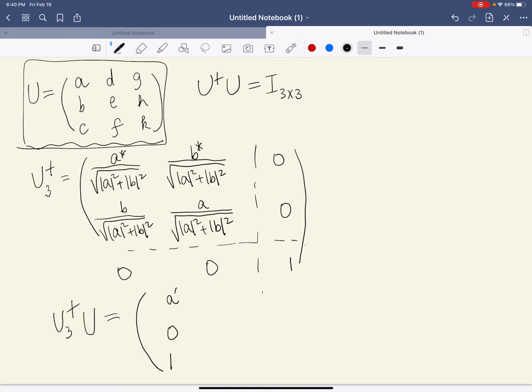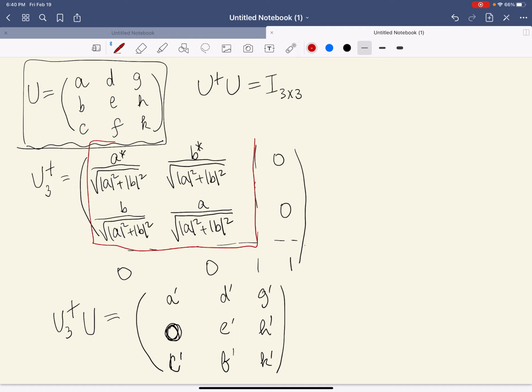But the key point here is that this second element in the first column becomes 0. So the whole purpose of introducing a unitary matrix that has this form is so that when this multiplication is done, this second element becomes 0.